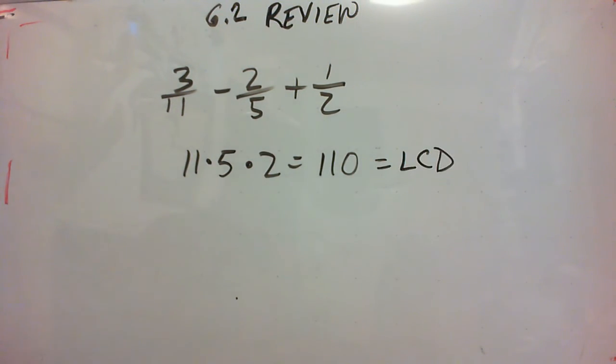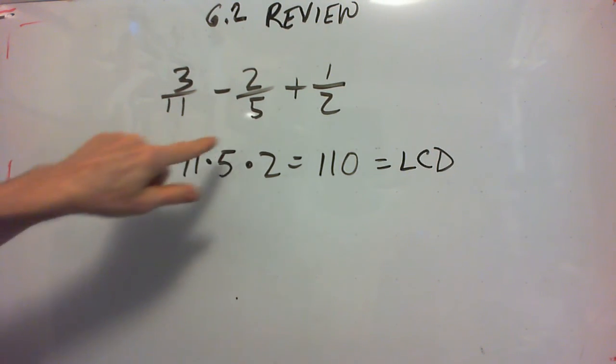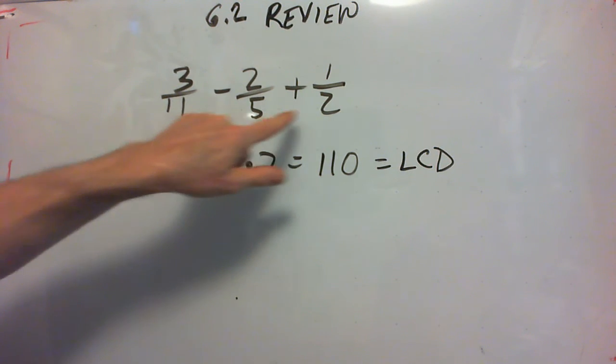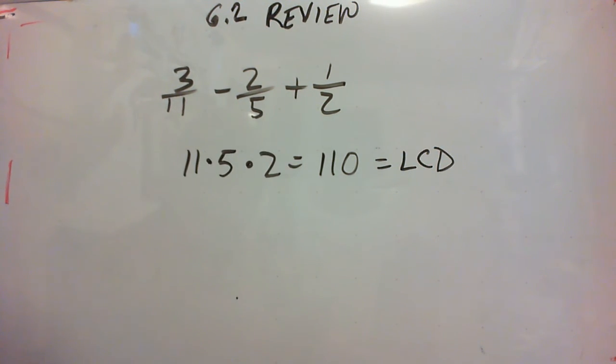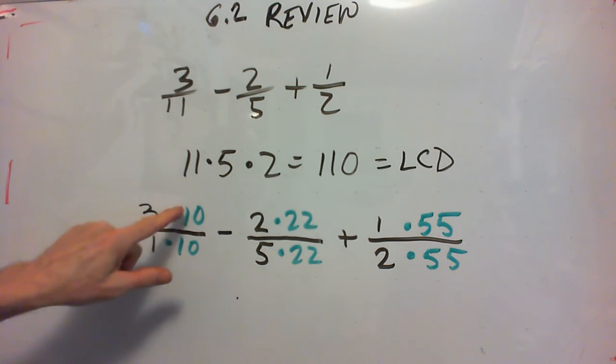But it's a nice rule to remember. If the denominators do not share a common factor, automatically the product of the denominators is the least common denominator. So you have this least common denominator. Now you have to rewrite all the fractions with that least common denominator and combine them. So the 3/11ths we have to multiply by 10 over 10.